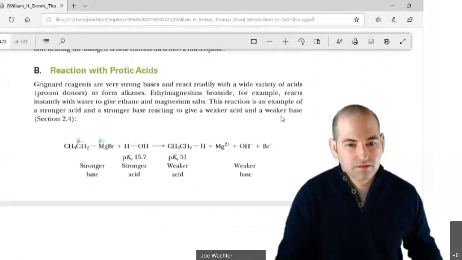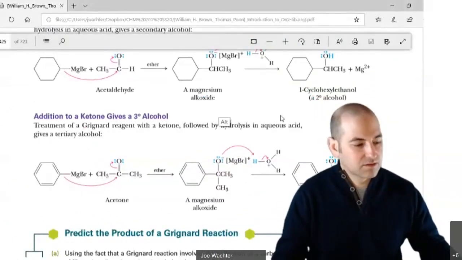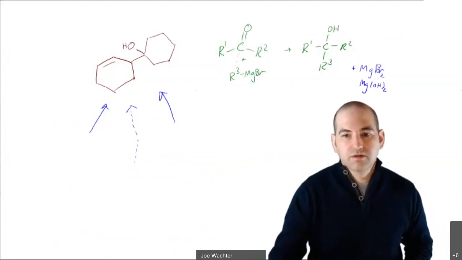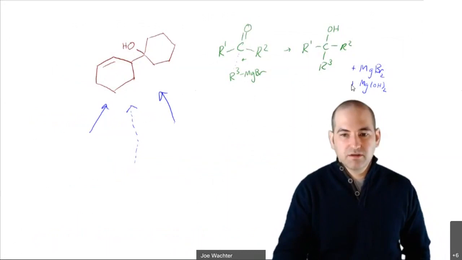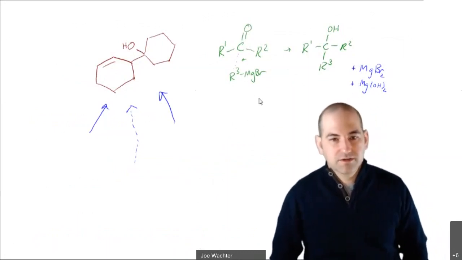There's some various products. There's definitely magnesium hydroxide, probably magnesium bromide too. So some various byproducts happen there. We're just going to focus on the inorganic parts.